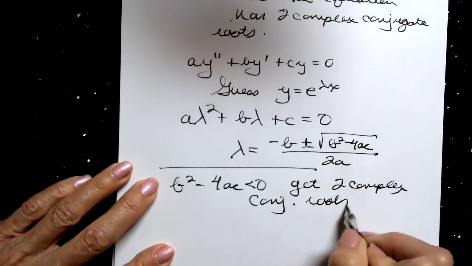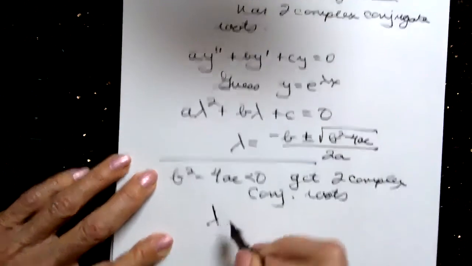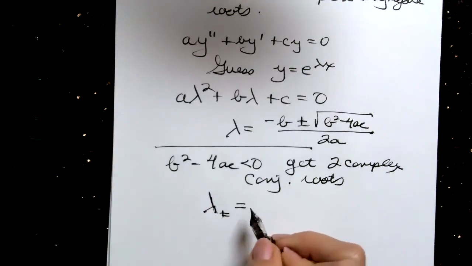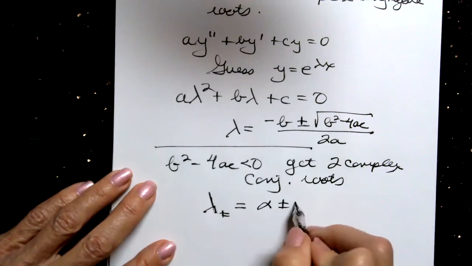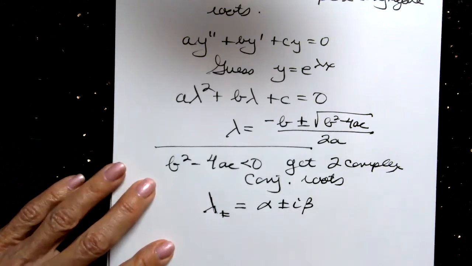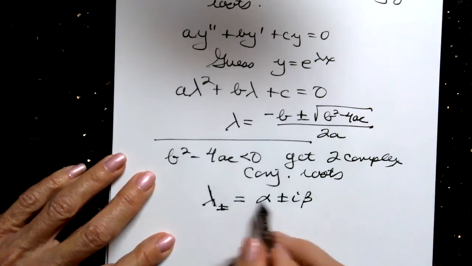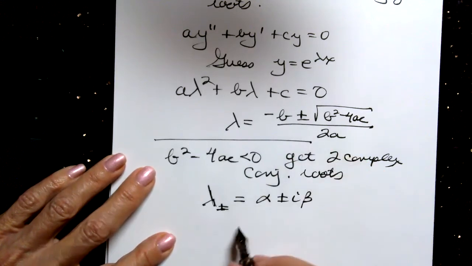That is, let me call them lambda plus minus, and that is equal to alpha plus or minus i beta, the plus with the plus and the minus with the minus. And you can write down exactly what that is.